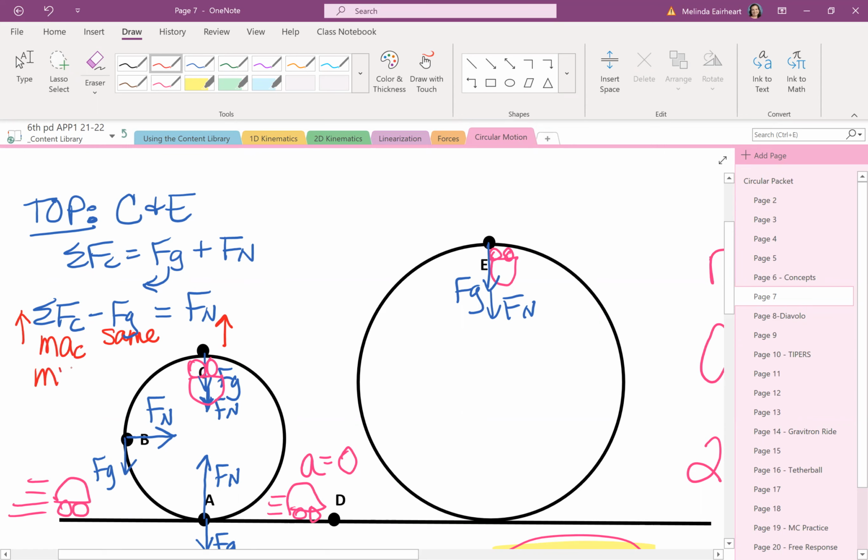MAC, mv squared over r. Mass is the same, going around in the circle. V, speed, what did they say about speed? It's constant, and so this top part is all the same. And so who's got the greater centripetal force, the big radius or small radius?